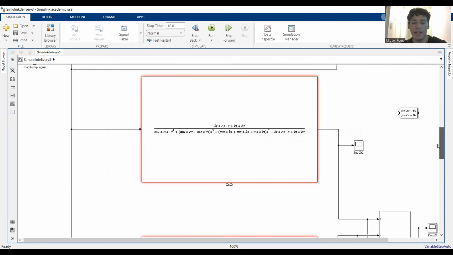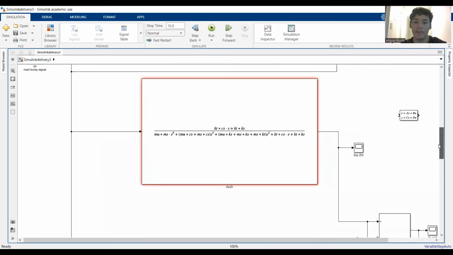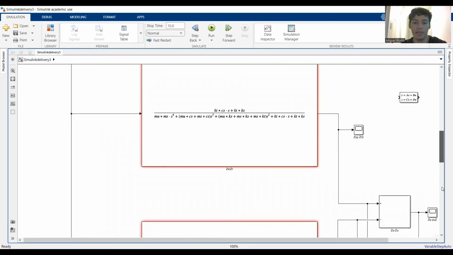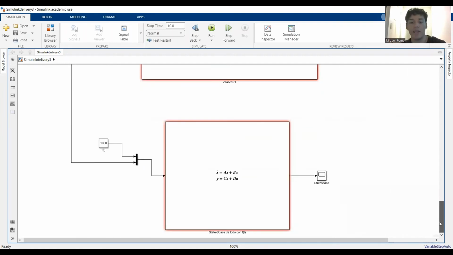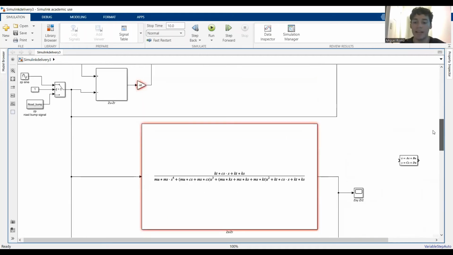In the middle are the transfer functions, these three. And lastly, we have the state space of the equations. All these three say the same, have the same output and the same input. They are only different ways of modeling the problem.